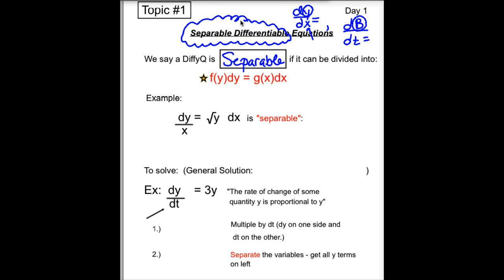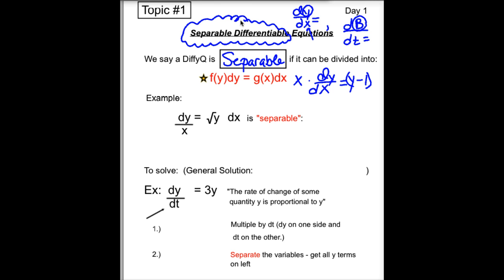Written like that, it looks confusing, so let me throw one over here. Suppose we had dy/dx, and suppose I had times x, and then over here I have y minus 1.